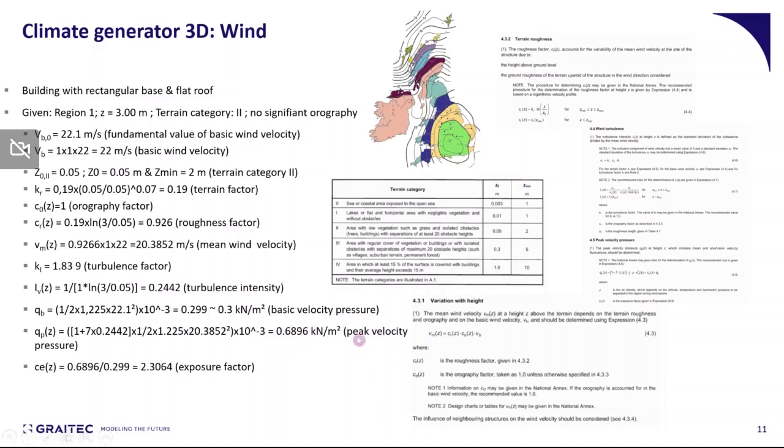This is basically the value, the pressure, that is going to be used later on with the coefficients of external and internal pressure in order to define the wind loads in all the vertical structural elements of the structure as well as on the roof. All these procedures in order to calculate all those parameters are described clearly in the Eurocode.